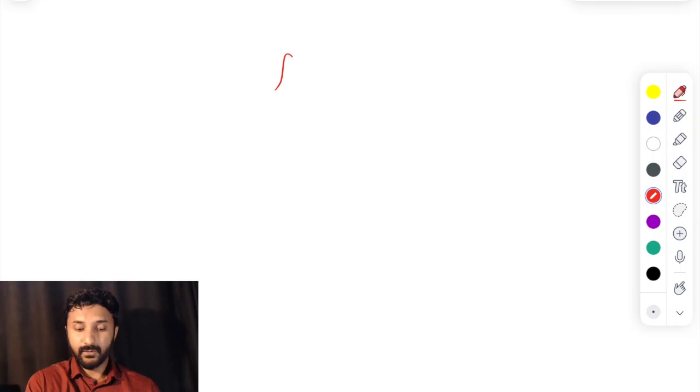So let us firstly recall that in our previous video we derived the Euler-Lagrange equation from first principles, beginning with a function f of y, y dot, or rather y dash and x.